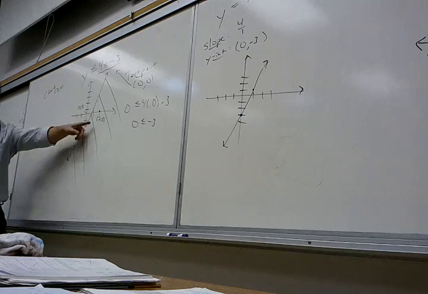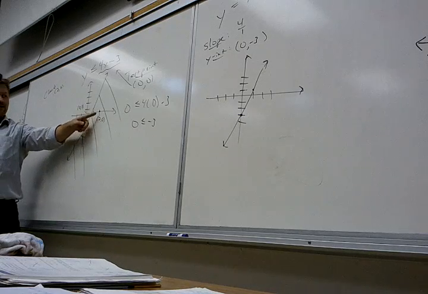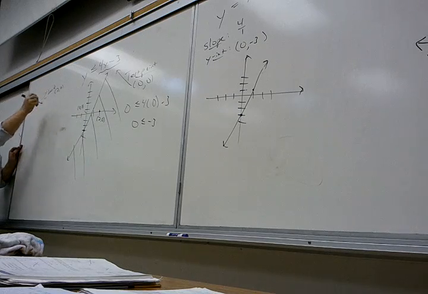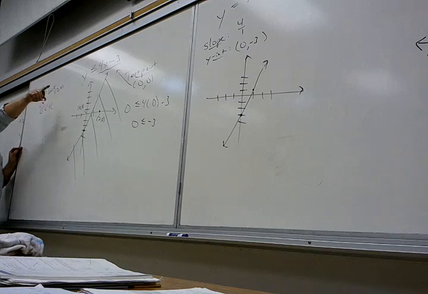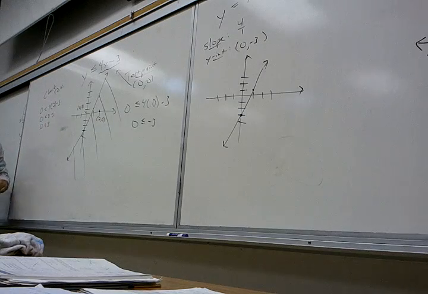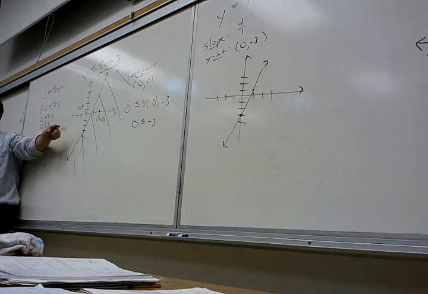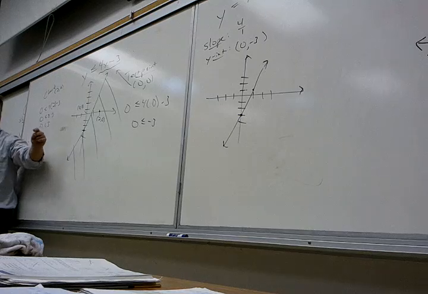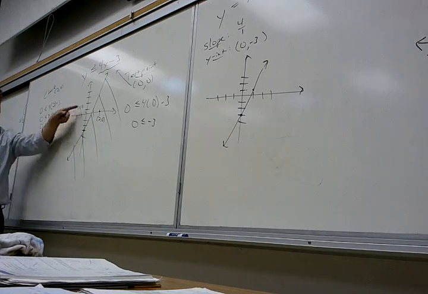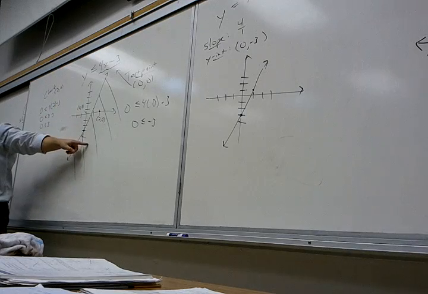Do you have to actually do this in your homework? No. Is it a good idea if you have time? Yeah. And any point you pick over here won't work. Any point you pick over there will work.